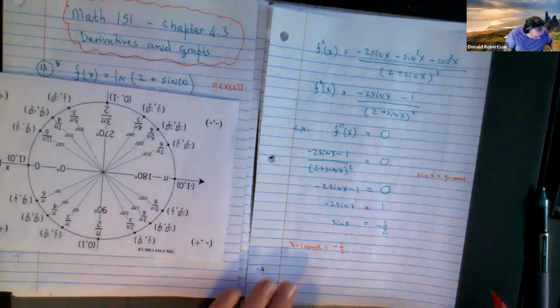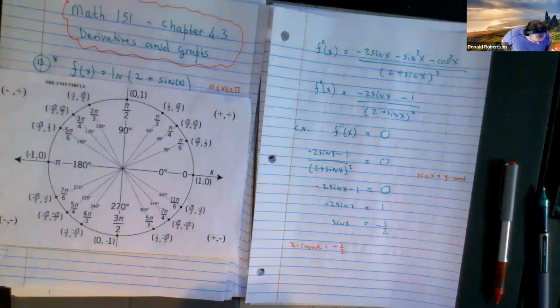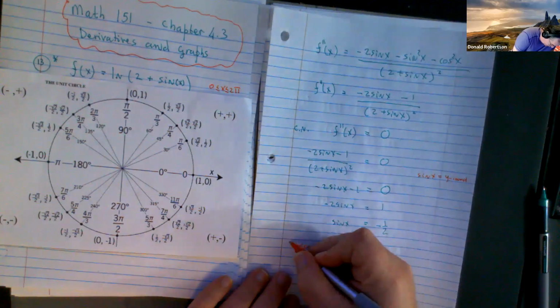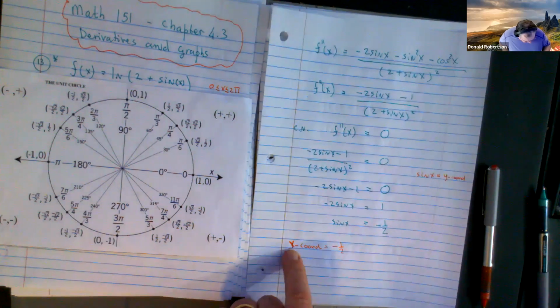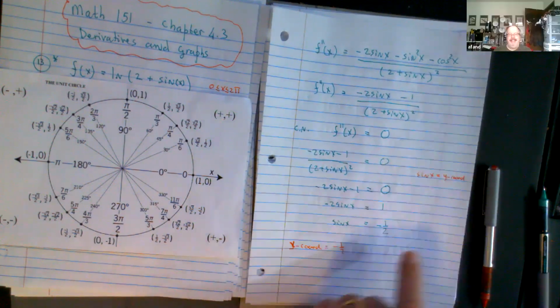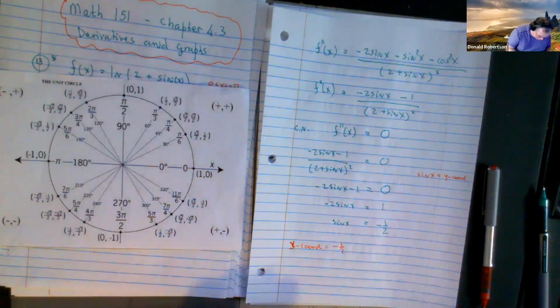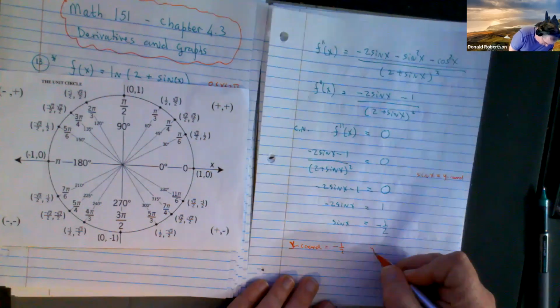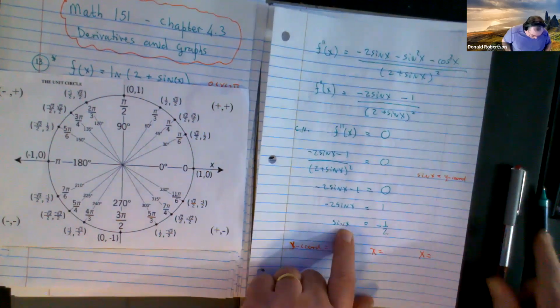So what kind of angles give me that? Didn't realize that was upside down. That's why that should never be called x. Call it theta, right? So I want the y coordinate to be negative a half. So I'm looking at places where the y coordinate is negative a half, and that's going to be the value of this missing angle.